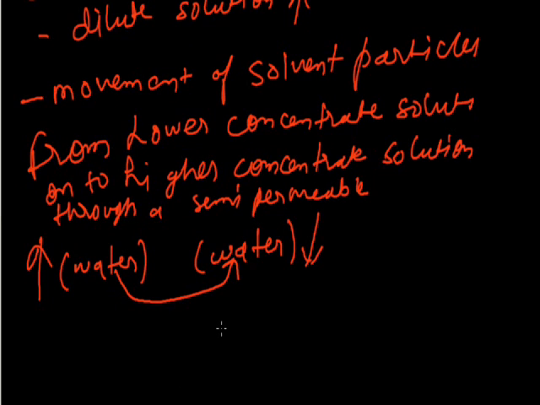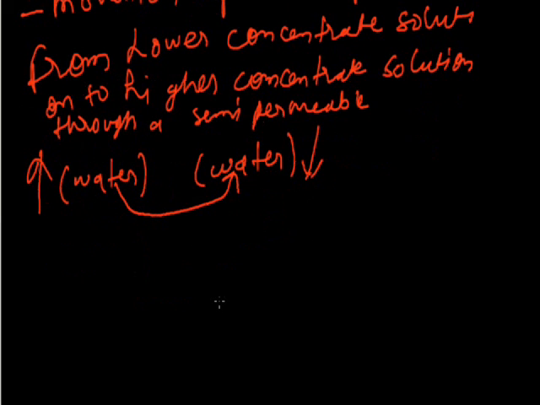So this definition can be changed on the basis of the solvent, or written on the basis of the solution. The thing should be clear that every time water will move from its higher region to lower region, and the membrane should be semi-permeable.